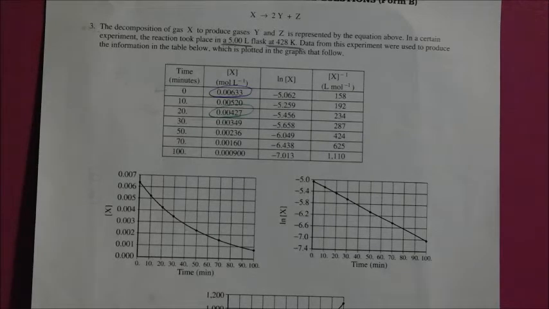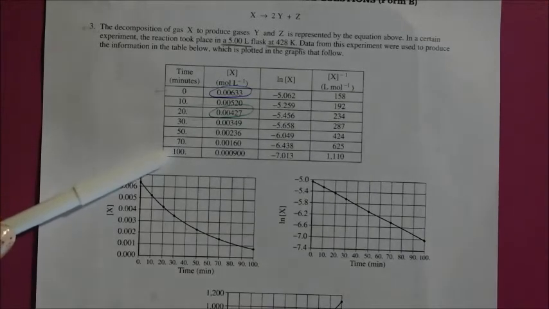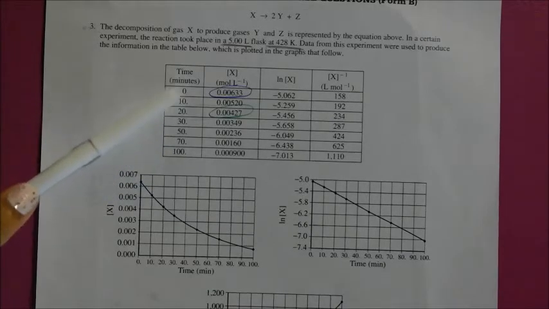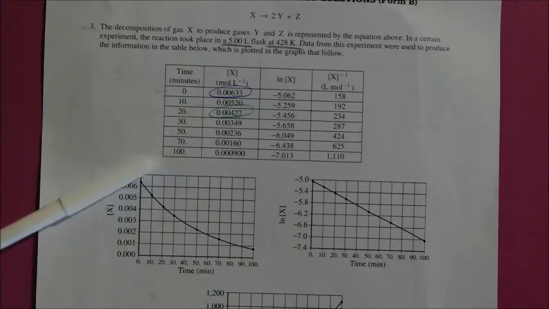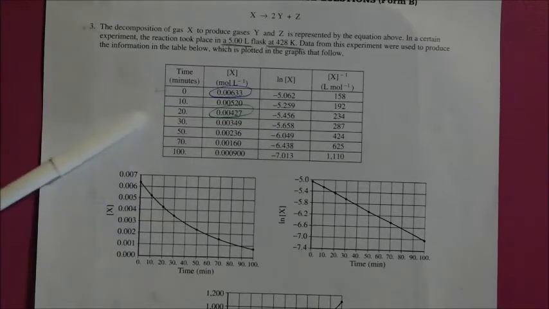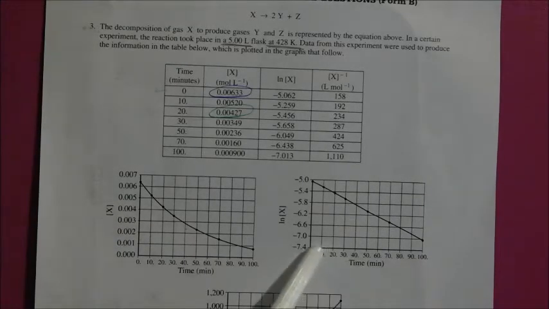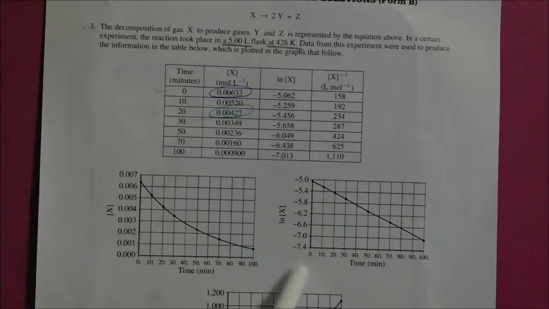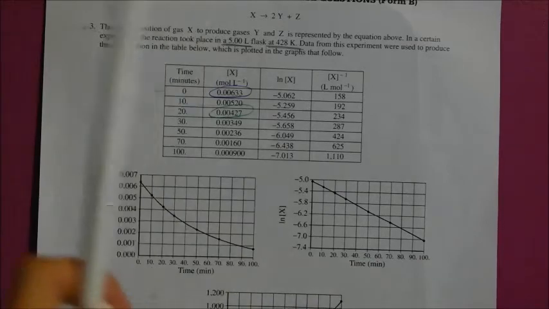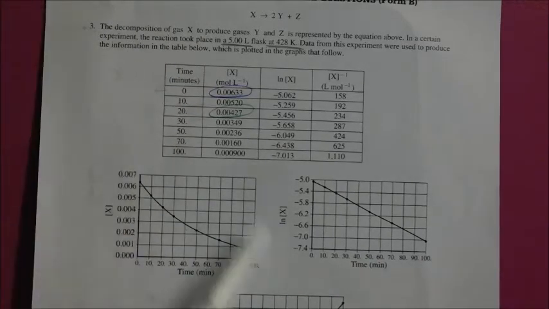And how I can tell is basically by looking at the data, you can see that it pretty much has a constant half-life, but it may be a little off. So another way you can tell if the data is not too obvious is if you take the natural log of the concentration of X, you should get a straight line, which is what the graph on the right shows us. So that's how I know that this reaction is first order with respect to X.